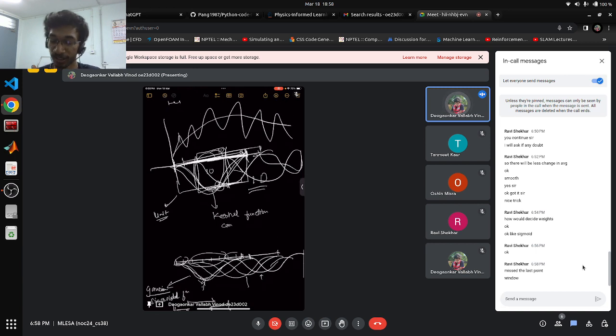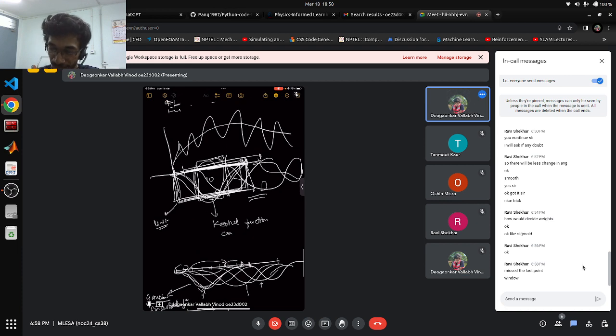Okay, so when I was doing the moving average, I'm taking this as my window function, which is a unit value. These are the values of my signal, right? So I'm multiplying each of them with 1 and then adding them up.